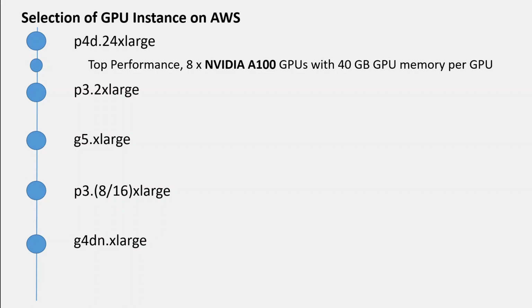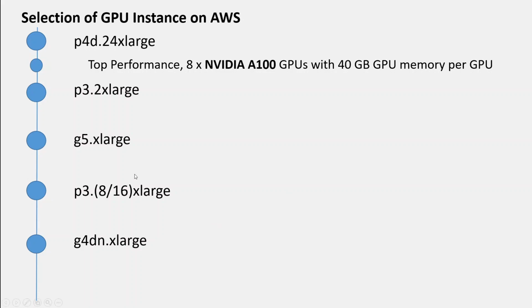So it's a very, very high profile instance, and you should only be using it if you want to train any large language model, the base model, with fine tuning with a huge data set. It is based on the Ampere architecture, and it also includes third generation NVLink for fast multi GPU training.